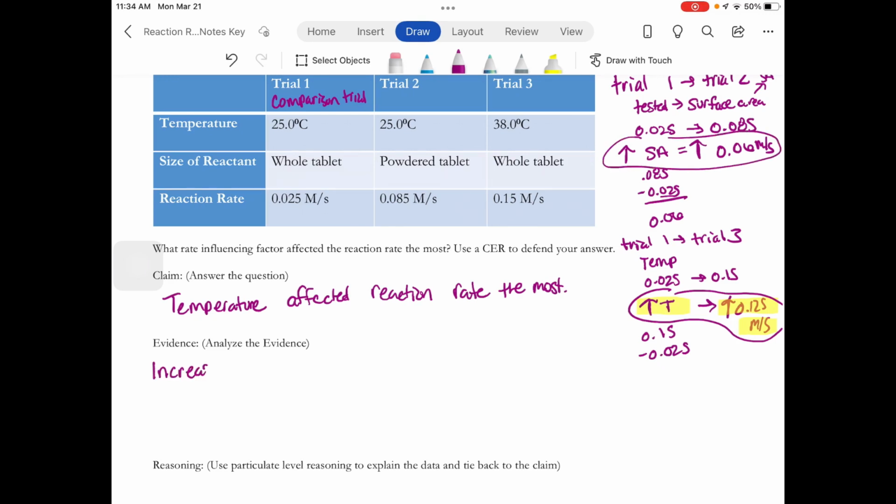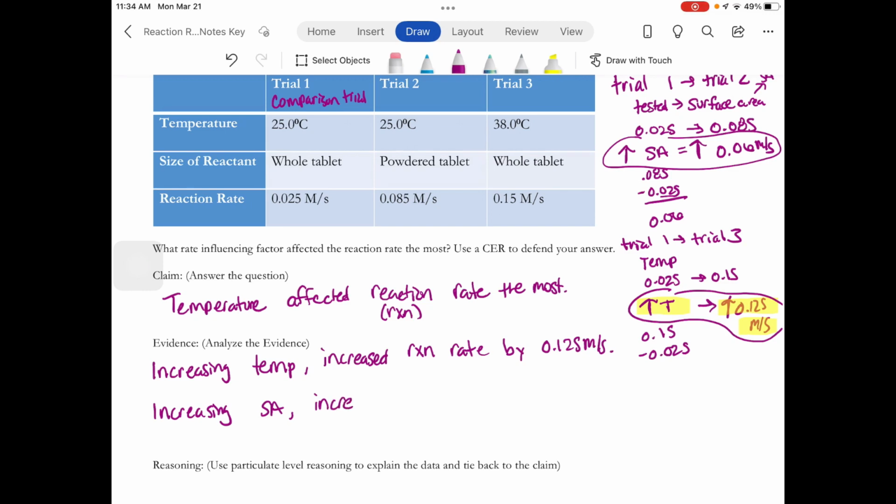So increasing the temp increased reaction rate, I'm going to abbreviate that as RXN, by 0.125 molar per second, increasing the surface area increased reaction rate by only 0.06 molar per second.